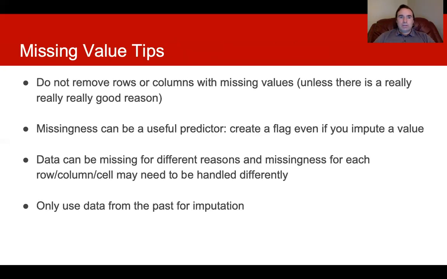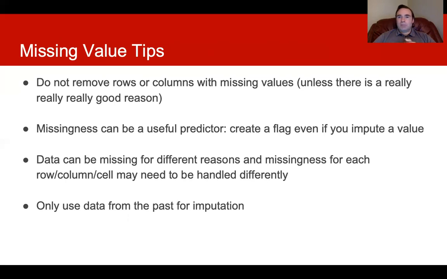So some general tips and tricks, especially for your current projects and going forward. The first big one is, right, in many methods, the default behavior is, oh, there's missingness here, well, I'm just going to throw out often that row, sometimes that column. But this is almost always not the thing that you want to be doing.